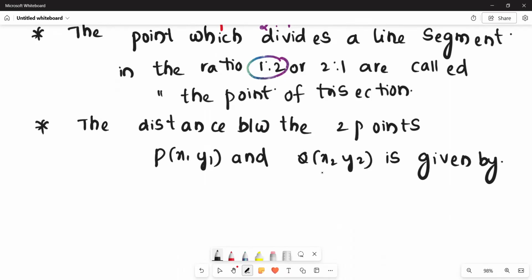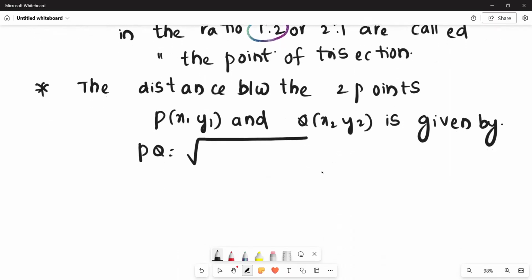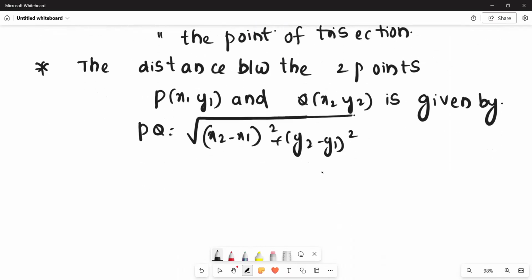If I want to find the distance between these two points, this formula is very important. For further chapters also, this is going to be very helpful. The distance between the two points is given by the square root of (x2 minus x1) whole square plus (y2 minus y1) whole square. The 2 points can be anything.